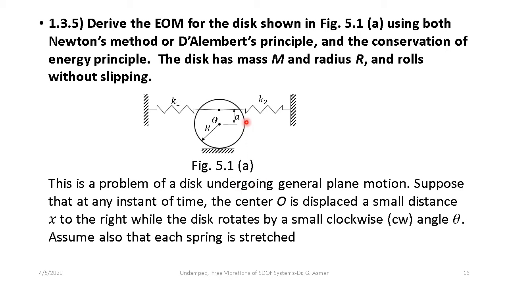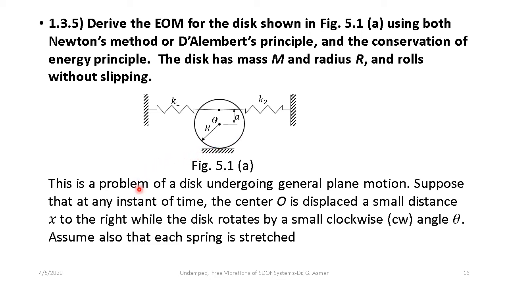The system is at static equilibrium, the way it is shown here, and we're going to disturb the equilibrium of the system the usual way by, say, pulling or pushing to the right or to the left. We set the system in motion, or we can impart an initial velocity also to the system.